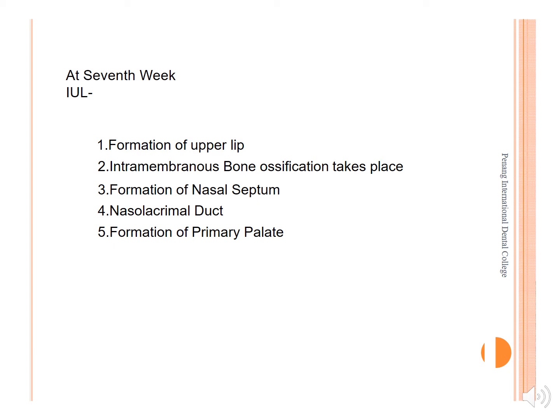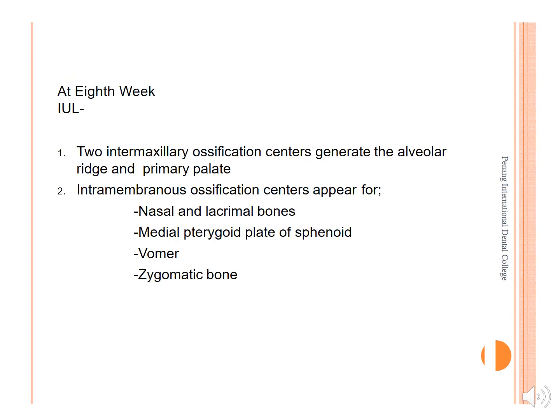At 7 weeks of intrauterine life, there will be formation of the upper lip, and then intramembranous bone ossification takes place, followed by the formation of the nasal septum, nasolacrimal duct, and also the formation of the primary palate. At 8 weeks of intrauterine life, two intermaxillary ossification centers generate the alveolar ridge and primary palate.